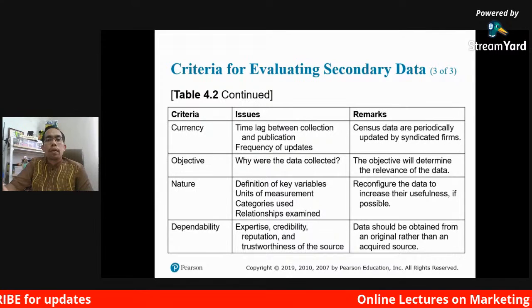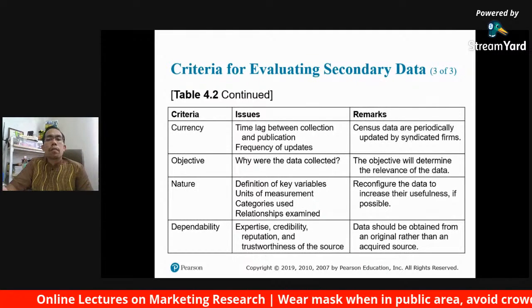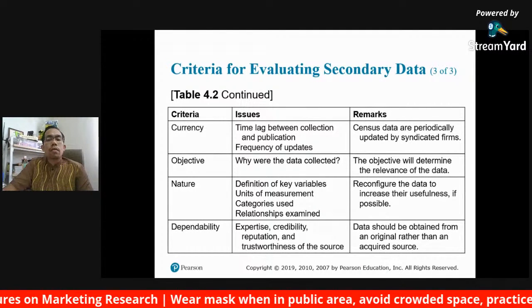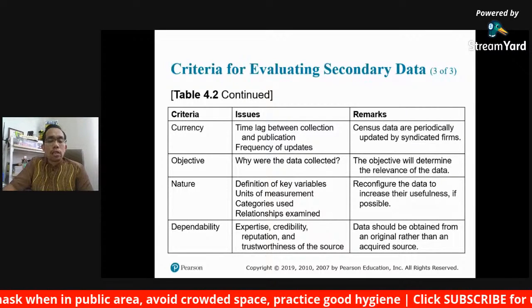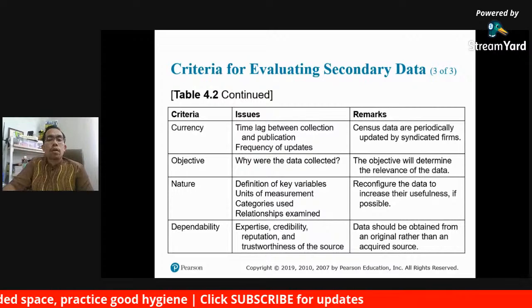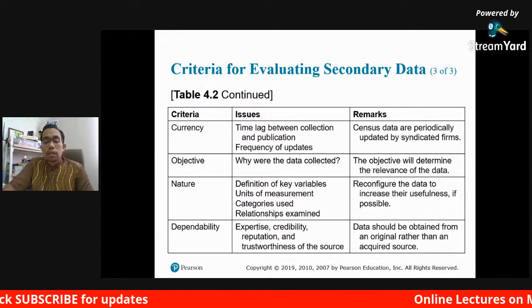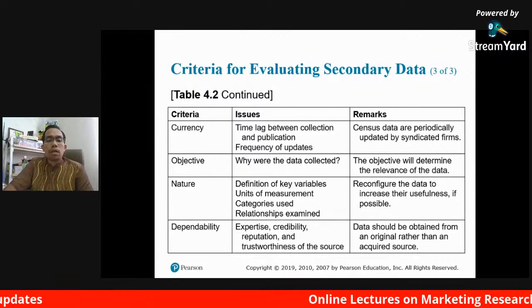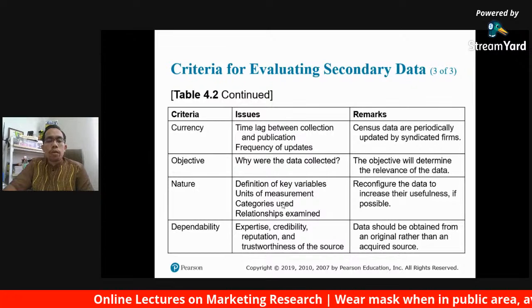Because the way they define the terms might not be the same as we know. And last is dependability: the expertise, credibility, reputation, and trustworthiness of the source.